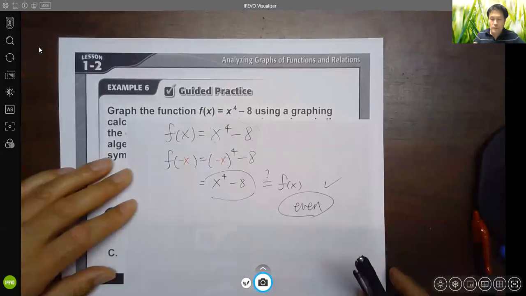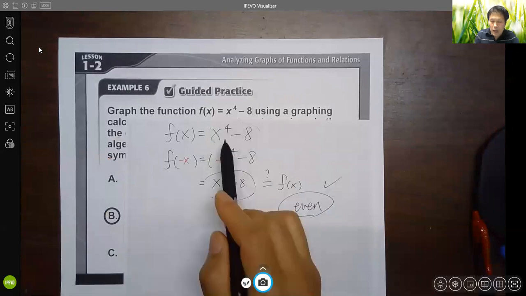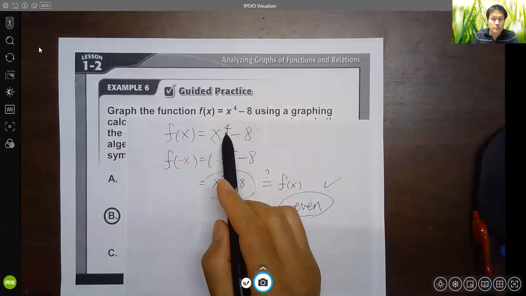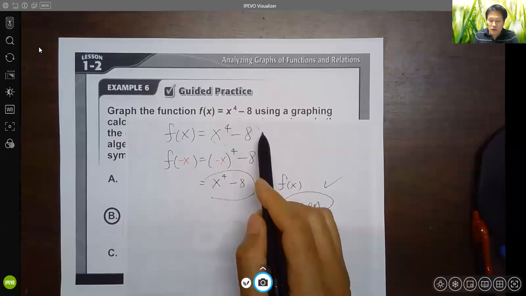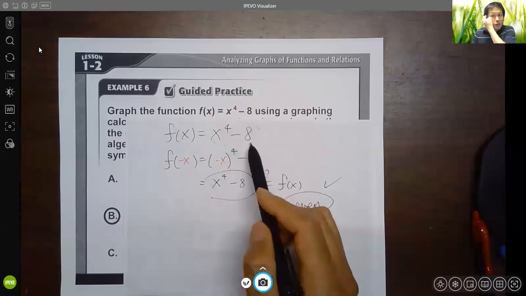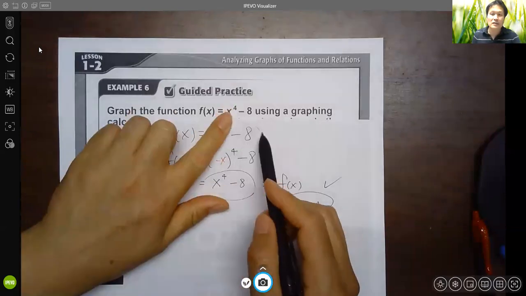So you look at the power of x. Power of x is 4. Even power, odd power? Even power. Okay, now let's look at minus 8. What's the power of x? Some of you might say, what do you mean there is no x? Minus 8, there is no x.